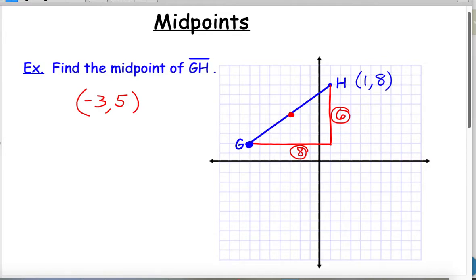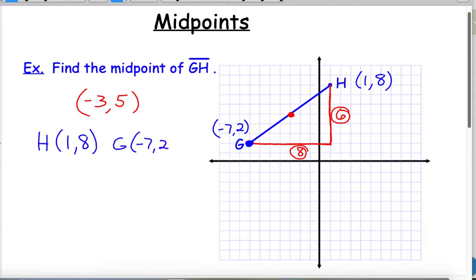So -7, 2. Okay, so those are my points. Let me write them over here. H is 1, comma 8, and G is -7, comma 2.